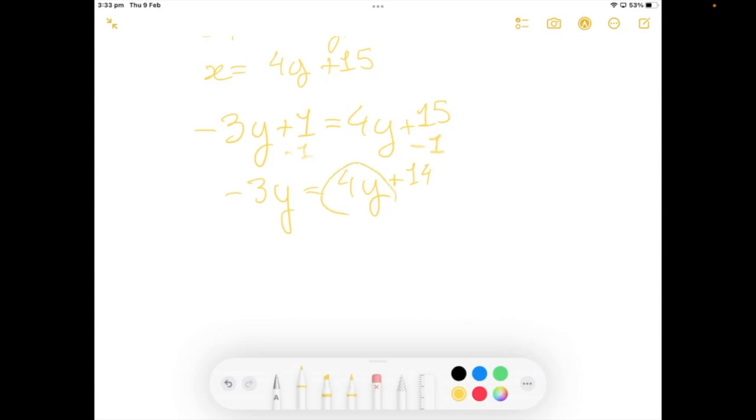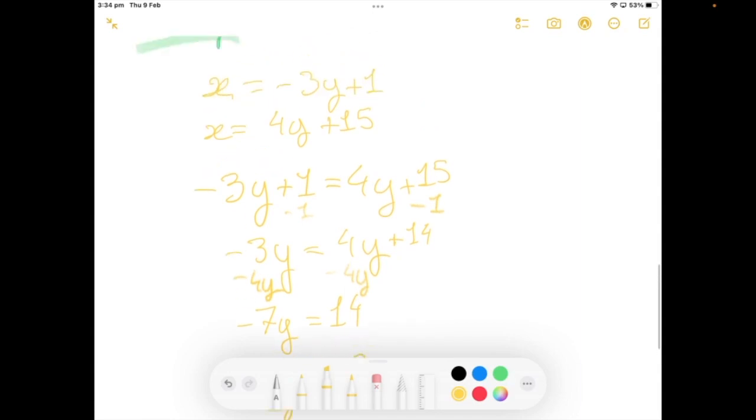Then we have to bring the y's together. Negative 7y equals 14. They make this way too perfect. So you divide 14 by negative 7, which should be negative 2. This is the answer for y.